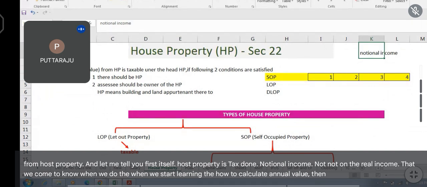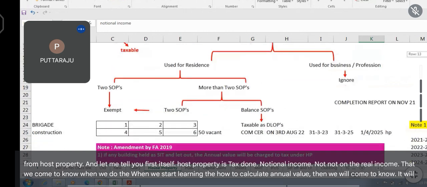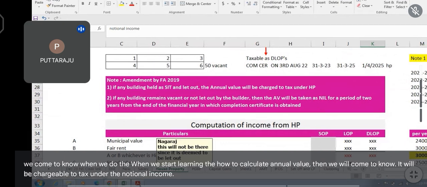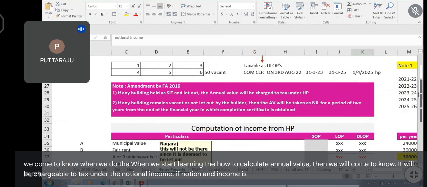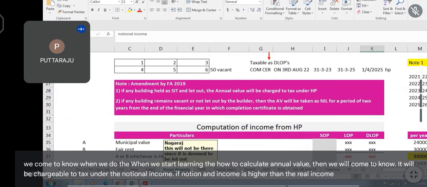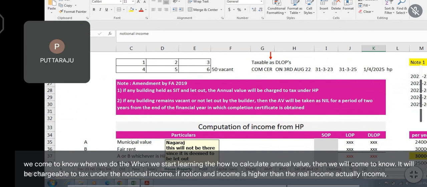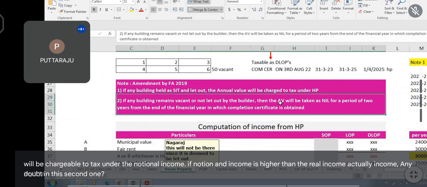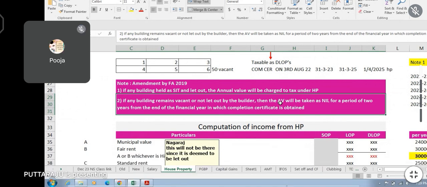It will be chargeable to tax on the notional income, if the notional income is higher than the real, actual income. Any doubt in this second one? Everyone understood?